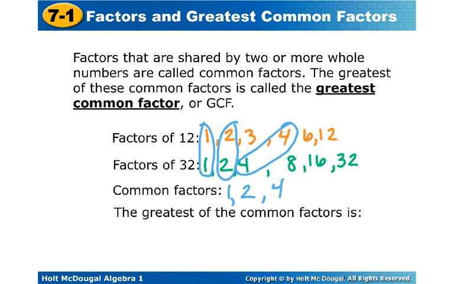So the common factors are 1, 2, and 4. Now identifying the greatest of those common factors, it's going to be the highest number. So in this case, the greatest common factor is going to be 4. So when you're trying to find the greatest common factor, it's important to list your factors of the numbers and then find the highest number that they're going to share.